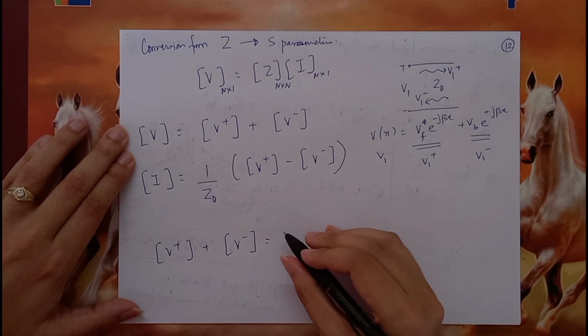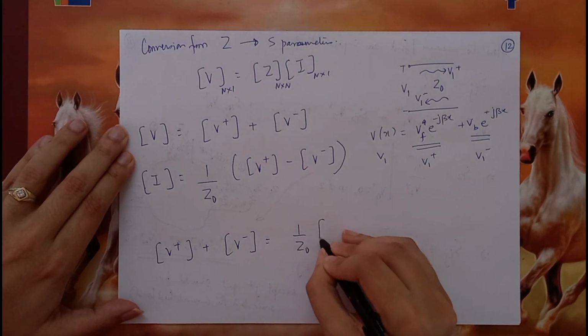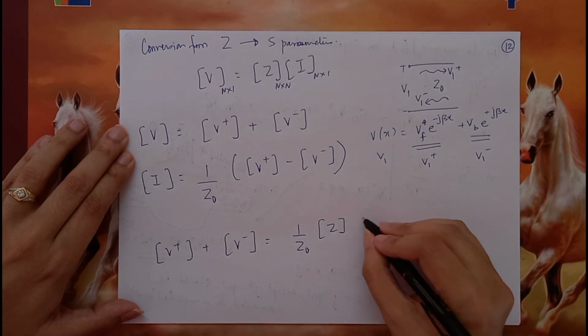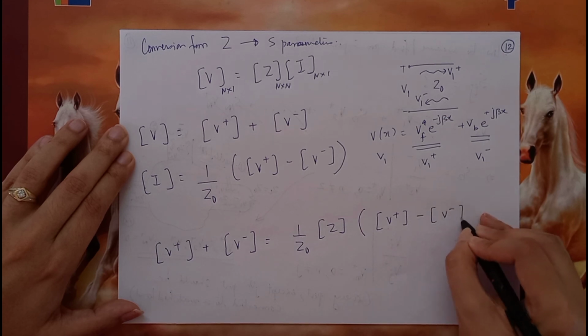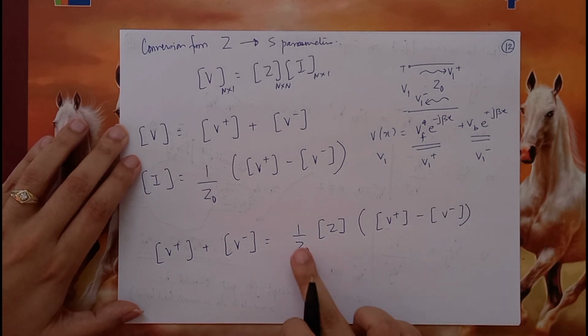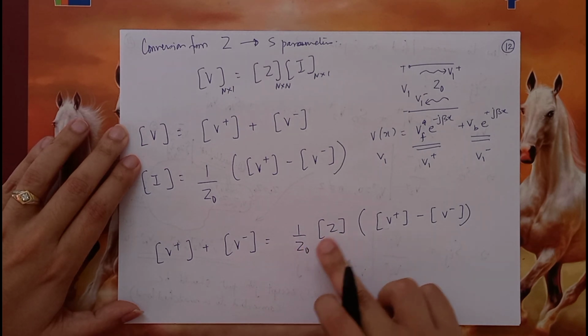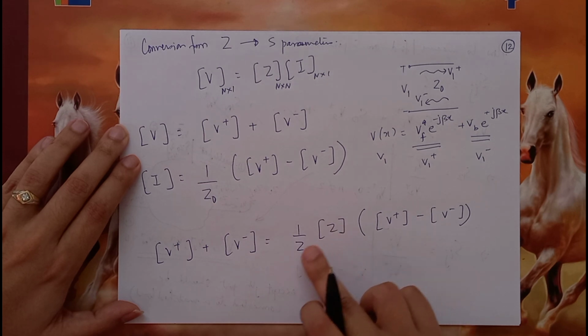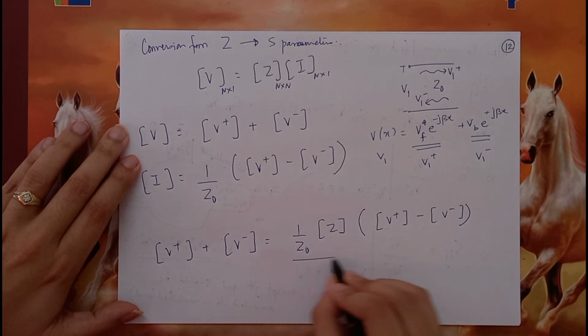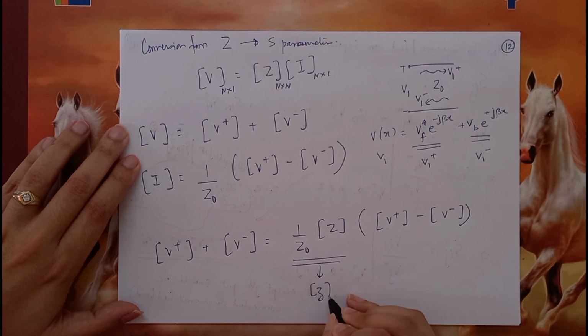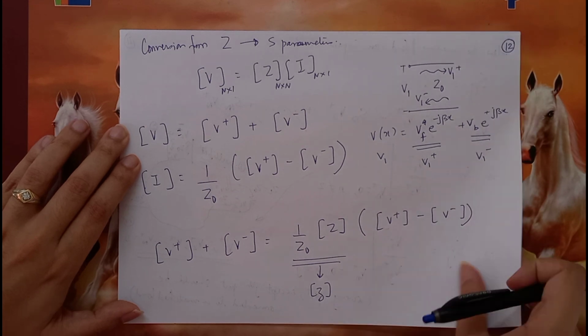That will be equal to 1 by Z0 times the Z matrix times V plus minus V minus. Now look at this quantity. It is 1 by Z0 times the impedance matrix. So it's like saying every element in the Z matrix will be divided by this Z0 quantity. So I can actually call it the small z matrix, or the normalized impedance matrix.